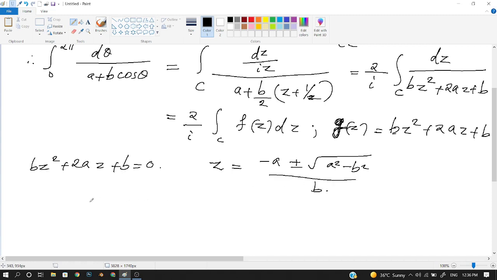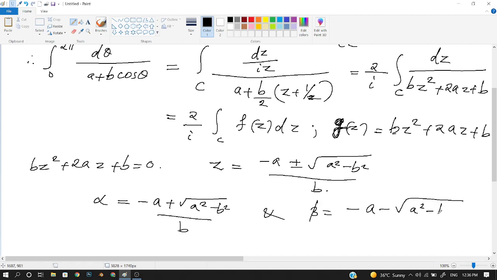So we have two values here. You can take the first value as alpha, minus a plus square root of a square minus b square by b, and the second value as beta, minus a minus square root of a square minus b square divided by b.